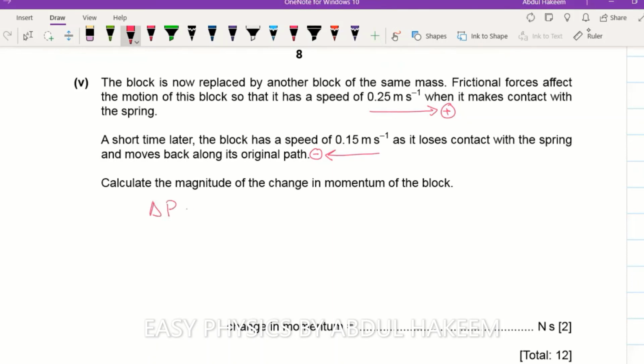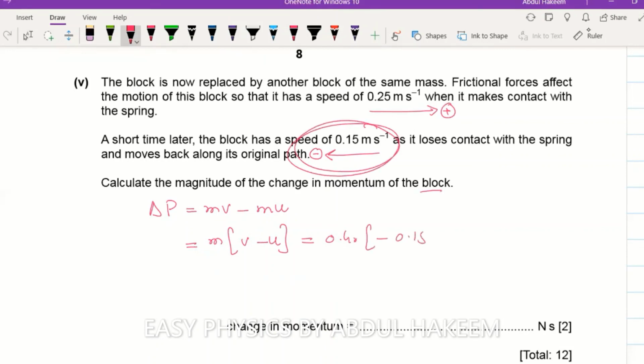So the change of the momentum is the final momentum minus initial momentum, m common, v minus u. So look, m, block mass 0.40. The final velocity is minus 0.15 because of the opposite direction, and this formula sign minus here, and then u is 0.25. This minus is due to this formula, not of the direction.